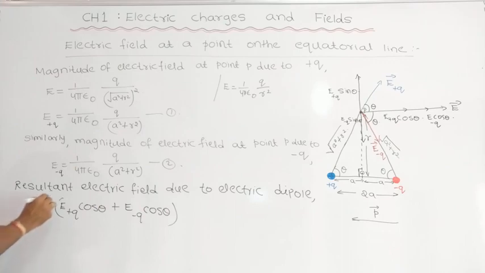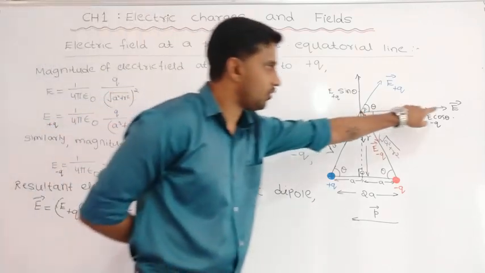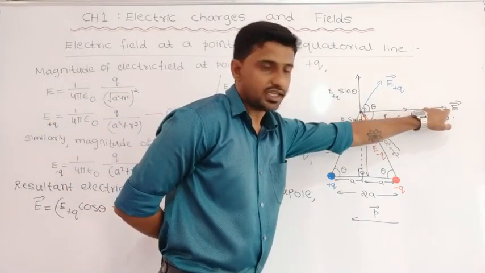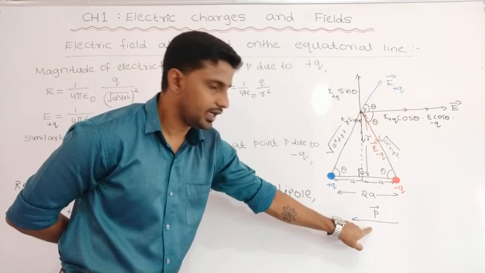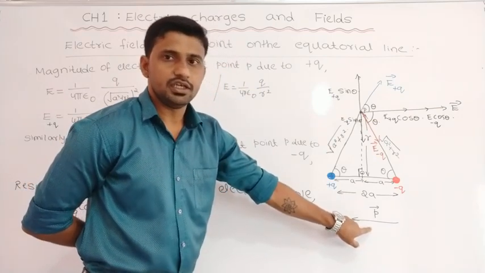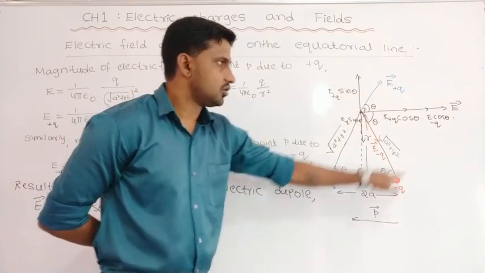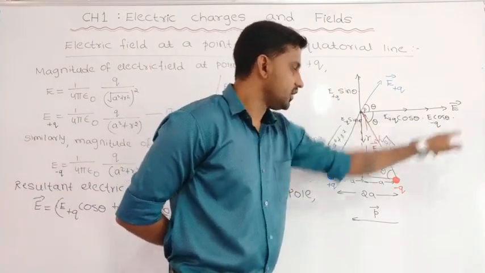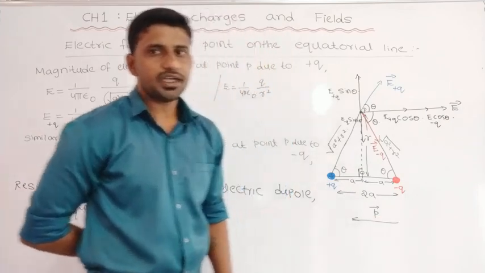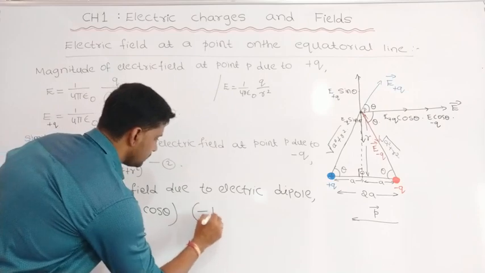I am writing here the electric field in vector form, so I should represent the direction. If you observe the direction of electric field, its direction is opposite to that of the electric dipole moment direction. So I am taking here P cap as the unit vector which represents the direction of electric dipole moment, but the electric field direction and electric dipole moment direction are opposite to each other, so I am taking here minus P cap.